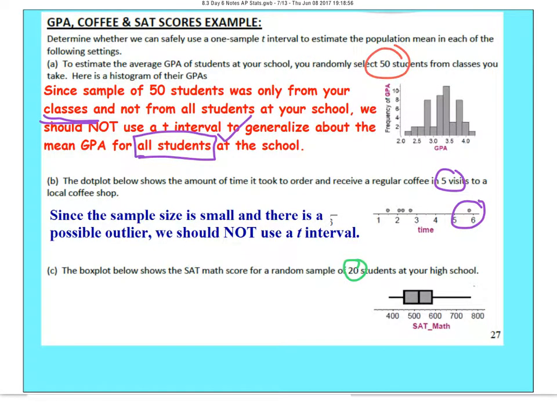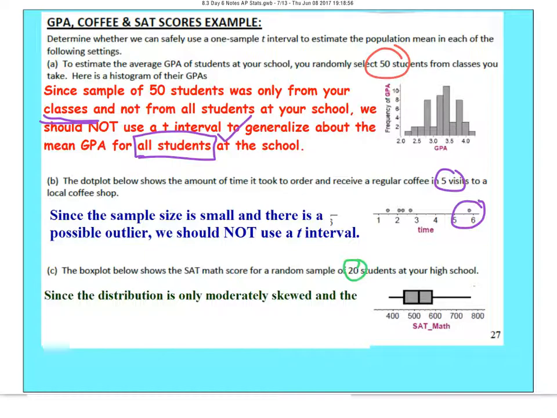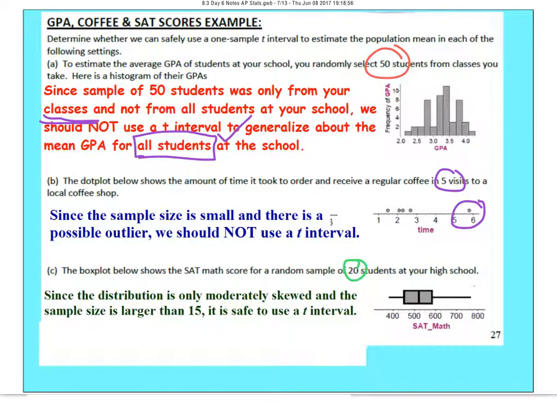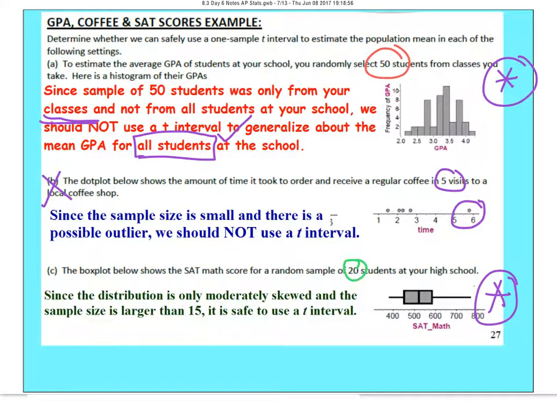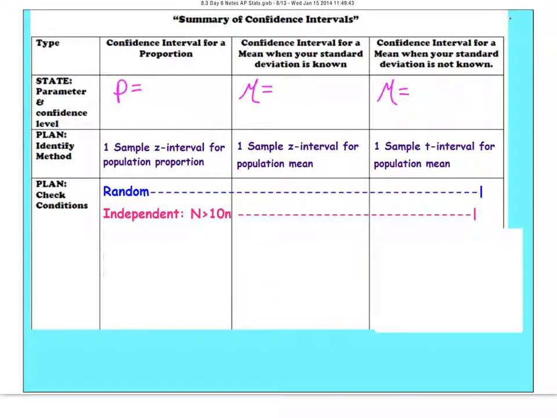Since the distribution is only moderately skewed and the sample size is larger than 15, it should be safe to use the t-interval. So ultimately, this is the one we truly can use the t-interval. For B, we should not use the t-interval. For A, we can use the t-interval, but we have to be careful about our generalization of who our true population is.